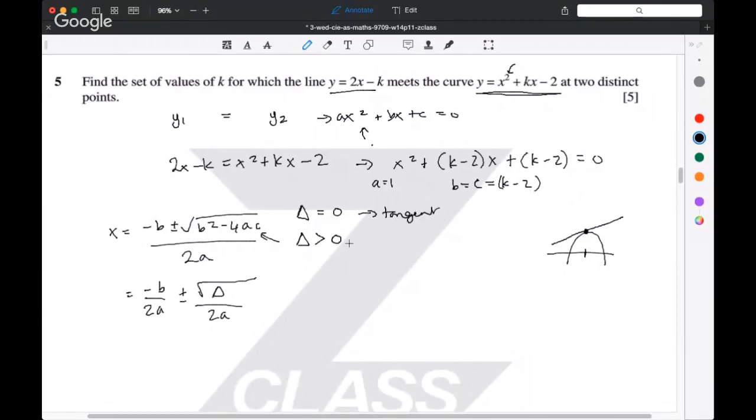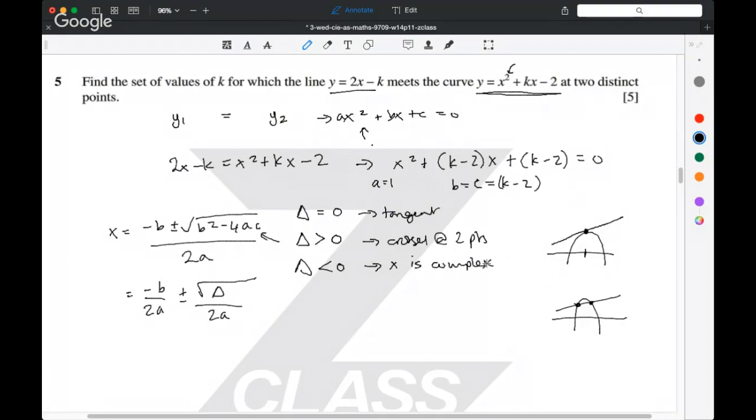If del is greater than 0, you get two values of x, so that's going to be this case, two values, crosses at 2 points. Now, if del is less than 0, you're taking the square root of a negative number. That means that x is complex.